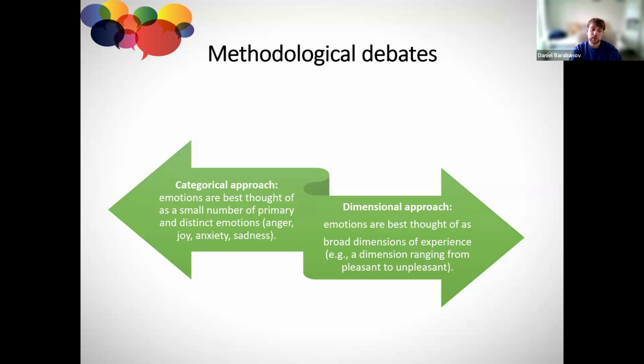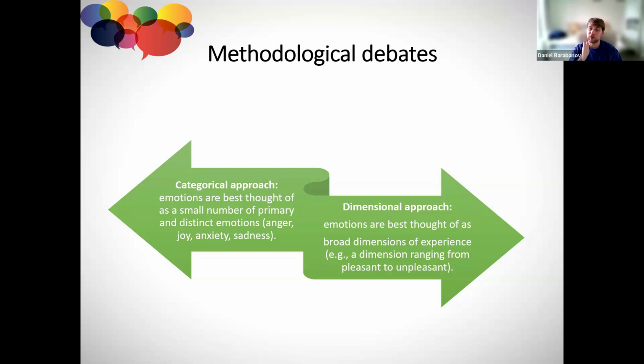Psychologists from the categorical approach suppose that there are some basic emotions which we can categorize and define. So, for example, like anger, joy, anxiety, or sadness. People from the categorical approach understand emotions similar to how they are represented in the Disney cartoon Inside Out, right?